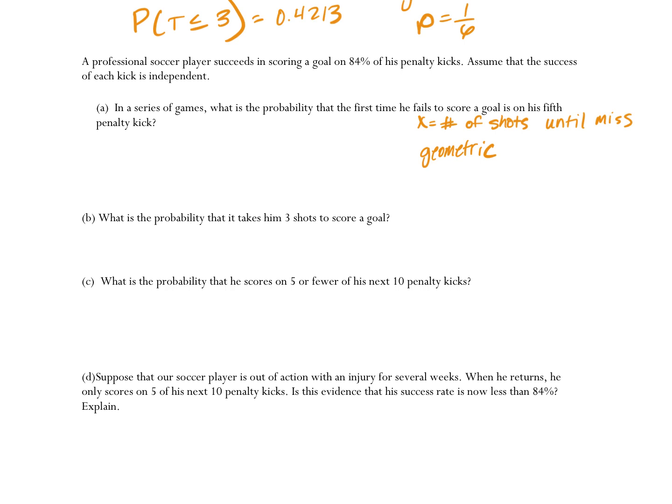Everybody good? All right, so if this is a geometric variable, how am I going to define P? P is the probability of success on any given trial. And as I say this, how have we defined success with our variable here?